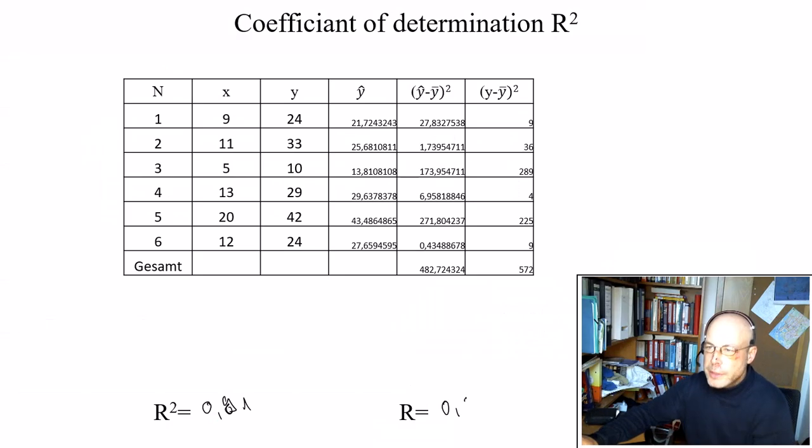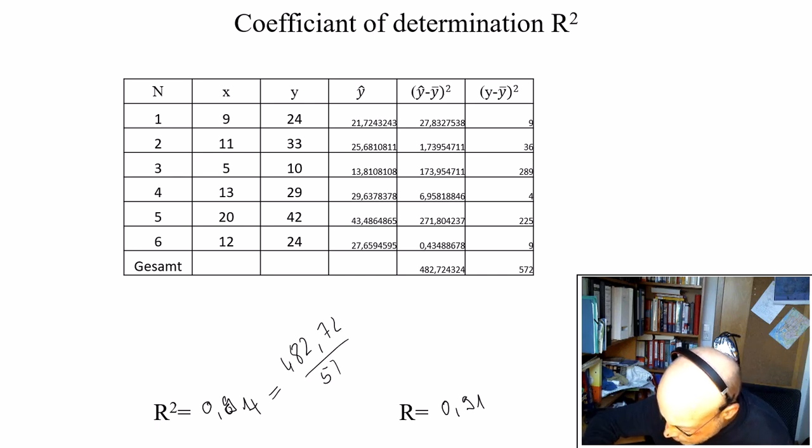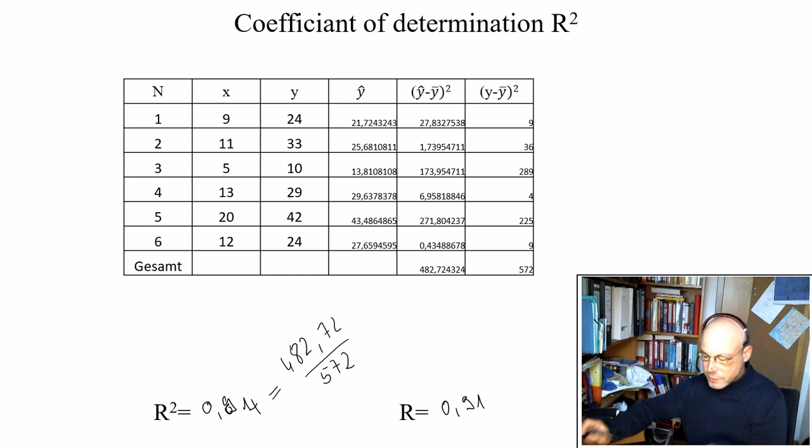So squared 0.84 and this was 0.81, and this is of course 482.72 over 572.